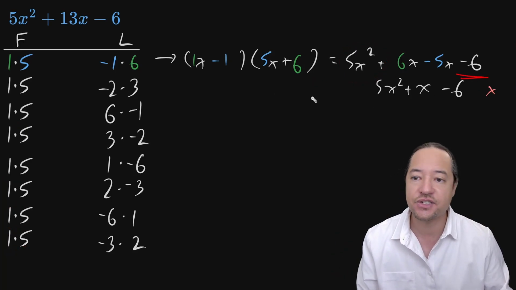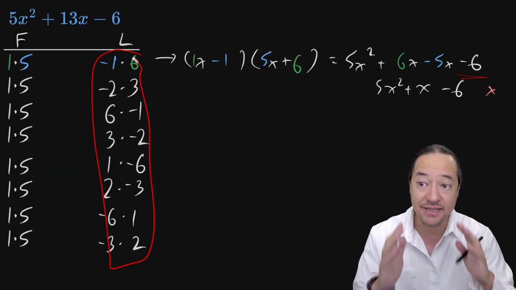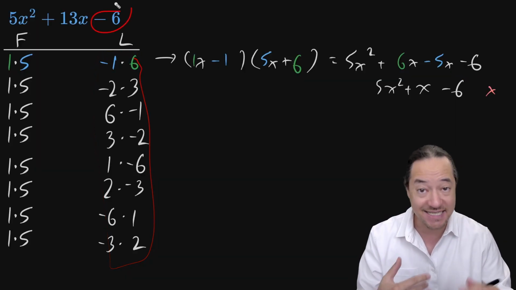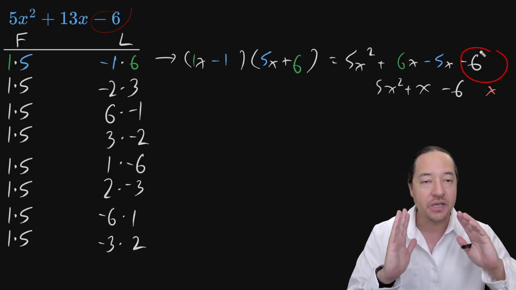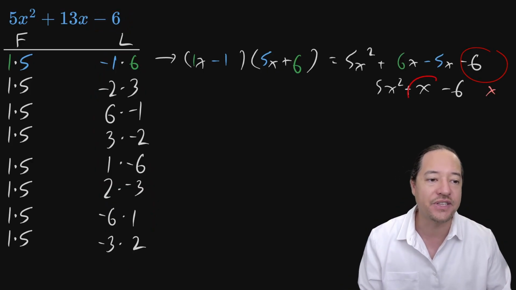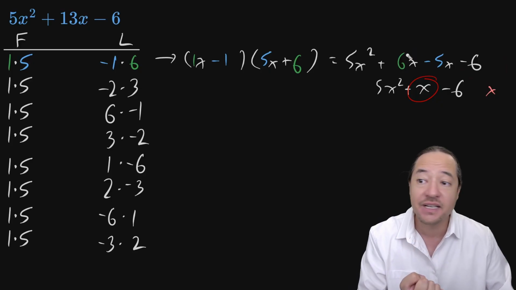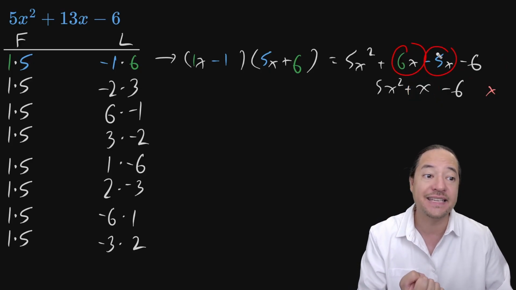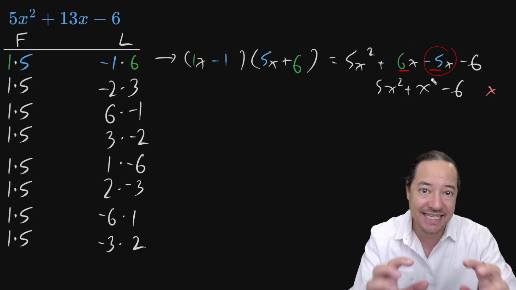And same thing for the last term, right? All of these last term factors are guaranteed to give us a -6. That's how we derive them. So we never have to worry about the last term. We only have to worry about this middle term, and that comes from the sum of the outer times the outer and the inner times the inner. This 6 and this -5, that's the key.